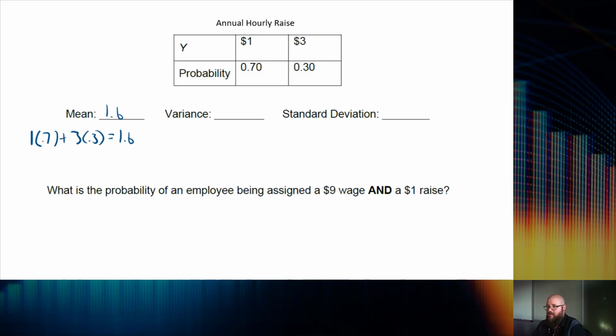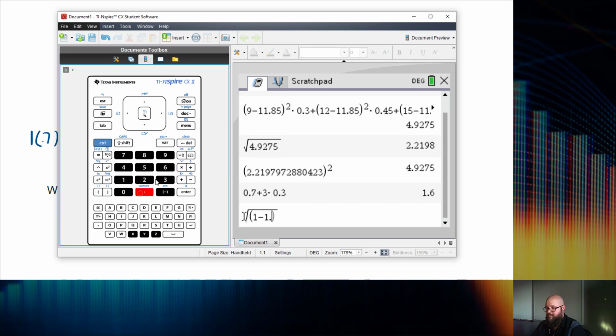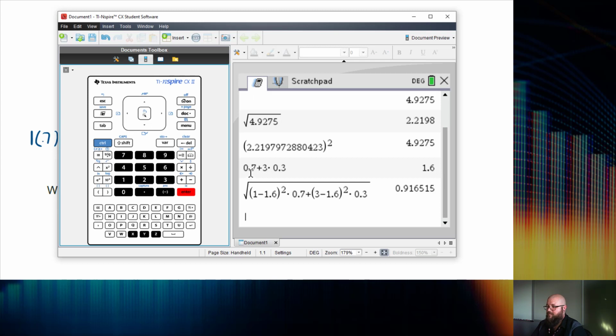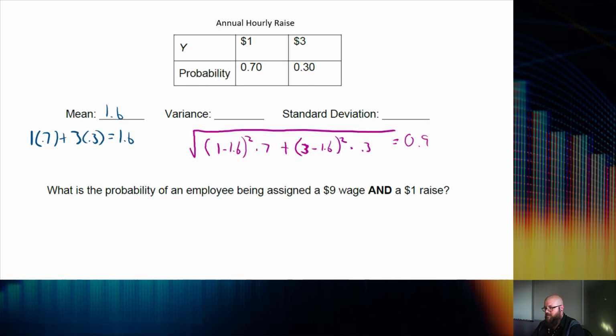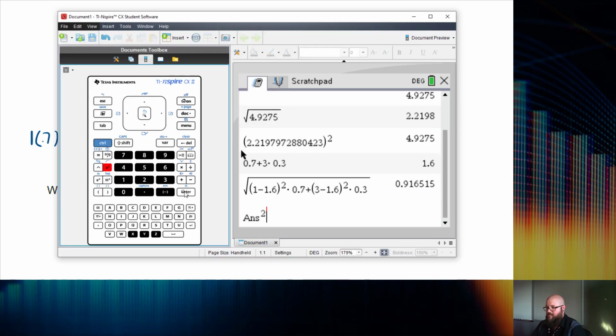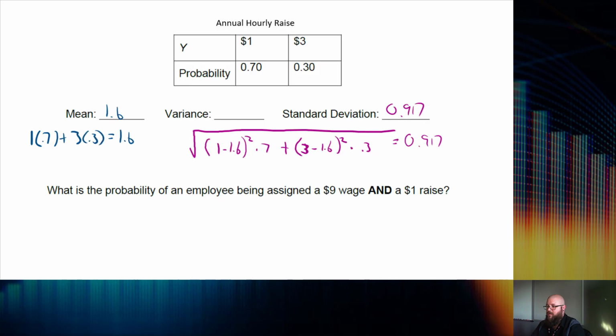Then to find our standard deviation, we should get 0.917. Again, we just square it to get our variance, which should be 0.84.